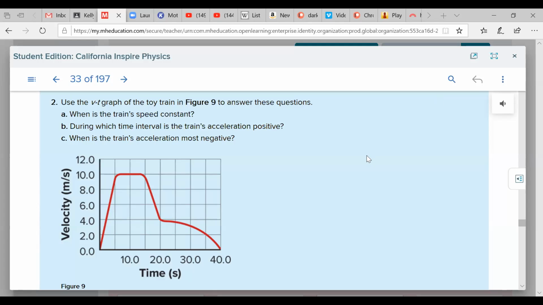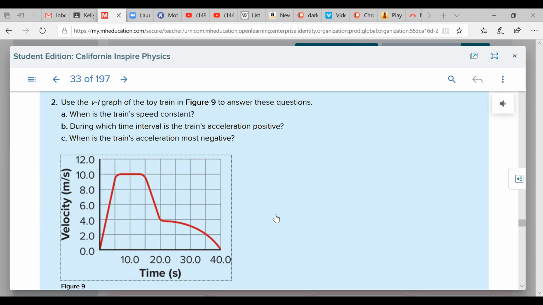Romero, yes. It's B, right? Yeah, acceleration is most positive in the first 5 seconds, so 0 to 5 seconds. Perfect. All right, because the slope of velocity time is the acceleration. So therefore, the acceleration is positive from 0 to 5 because the slope is positive from 0 to 5.